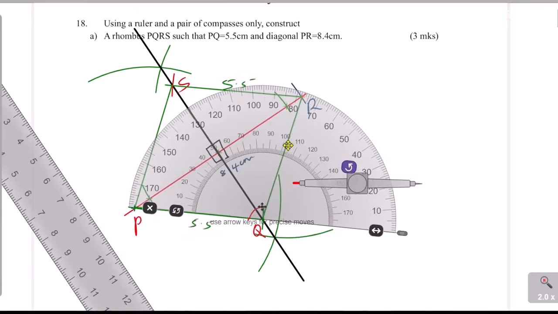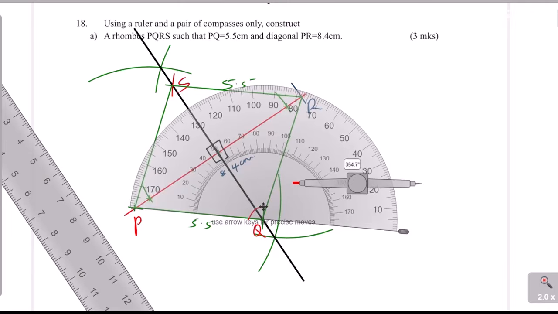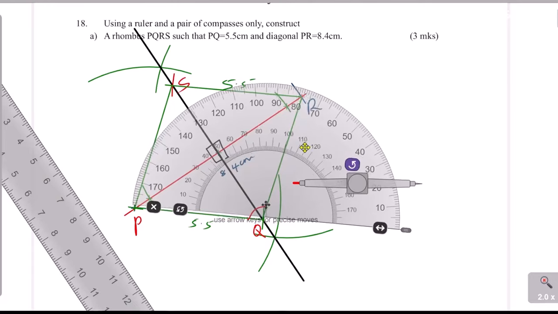So take your protractor, and then so now you can see.